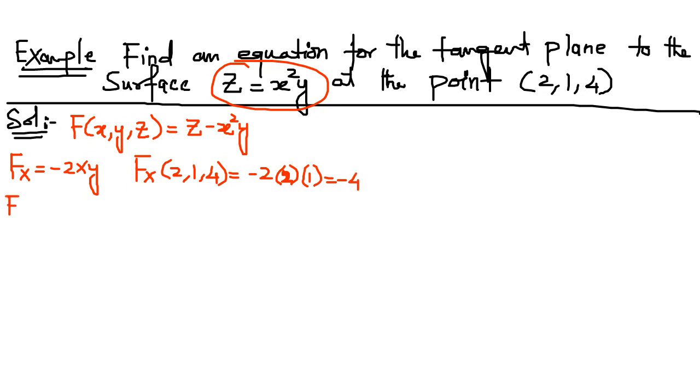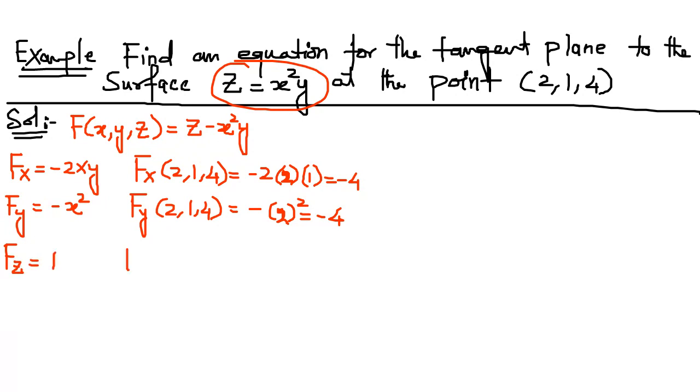Similarly, what is the partial derivative with respect to y? That is equal to minus x square. With respect to y, the point is minus 2 square, that is equal to minus 4. Partial derivative with respect to z, that is equal to 1. So if you put the point, that will give you the same value, which is equal to 1.